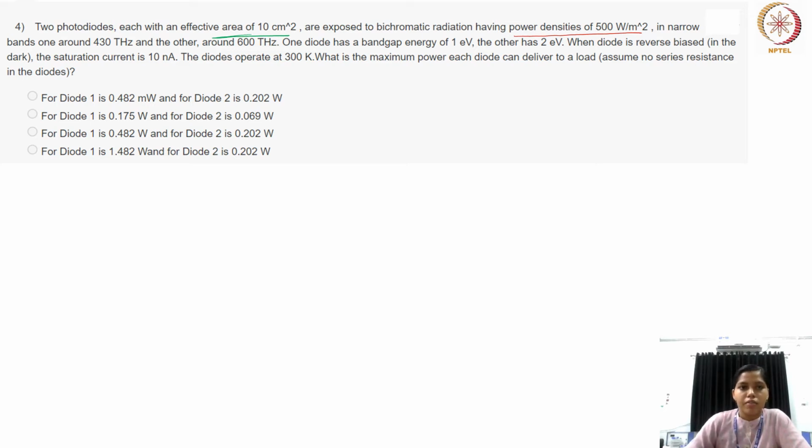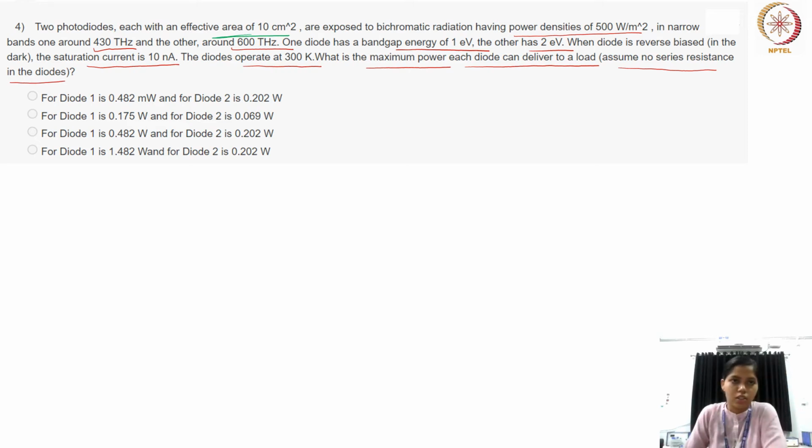The frequency values are still 430 terahertz and 600 terahertz. Band gap value is again 1 electron volt and 2 electron volt. And the saturation current is again 10 nanoampere. Operating temperature is 300 Kelvin. It is asking what is the maximum power that each diode can deliver to a load. Assume that there is no series resistance in the diodes. Okay, so let's solve this question.